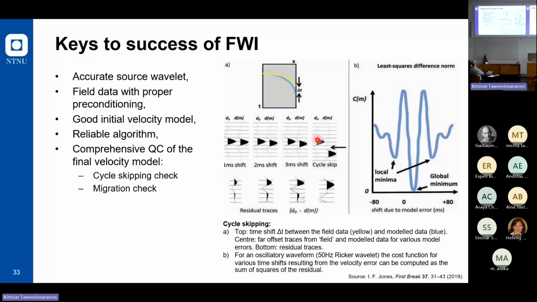And you can see that if the model data has a travel time difference of more than half a wavelength, it has a problem. And cycle skipping leads you to local minima, and that means your solution is wrong.